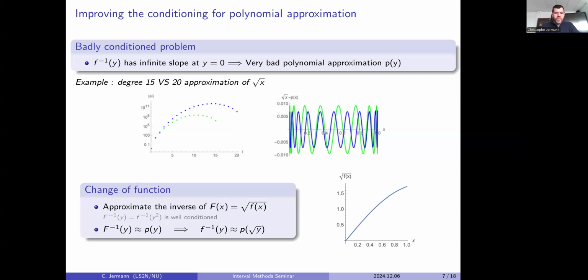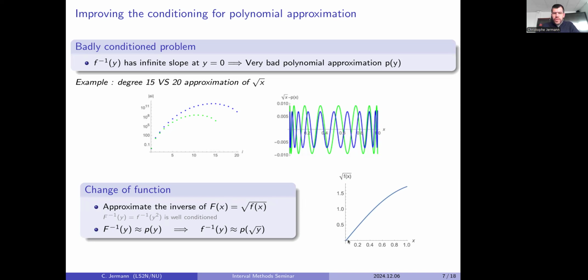So what we will do is apply an operation which will make things a bit better. Instead of approximating our function f, we'll approximate the capital F function, which is just the square root of f.